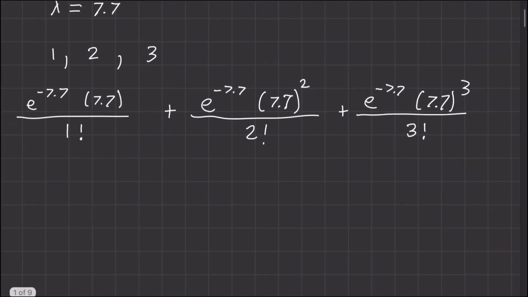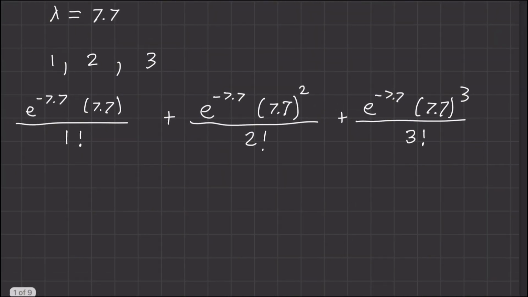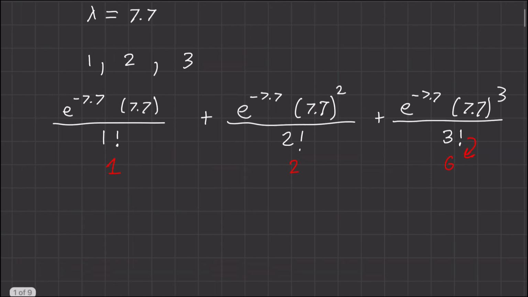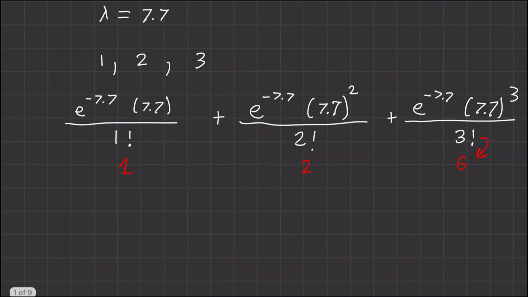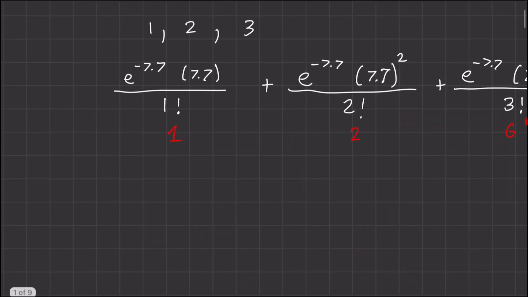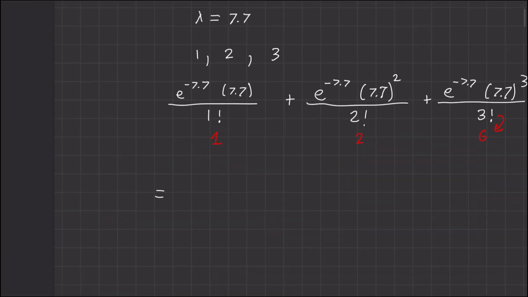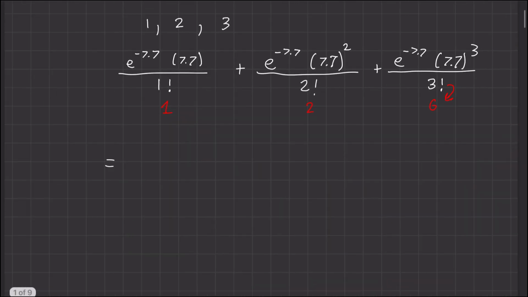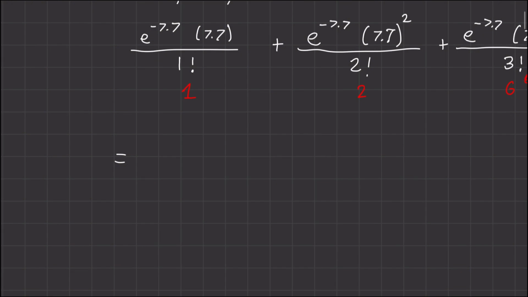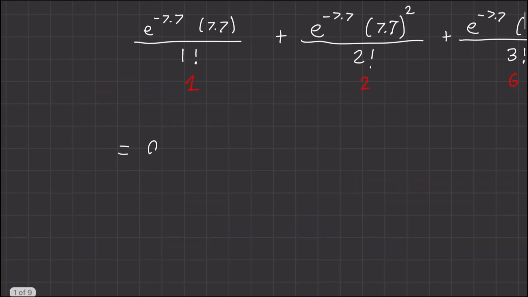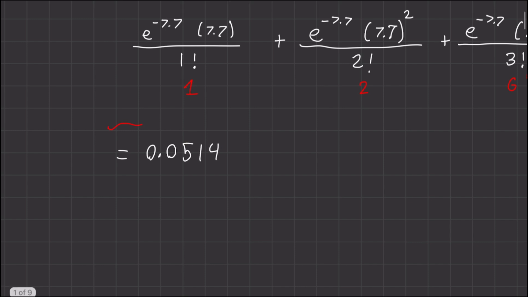Now these factorials just simplify into 1, 2, and 6. And if we go ahead and plug this gigantic equation into our calculator, we come up with our answer of 0.0514 as our probability.